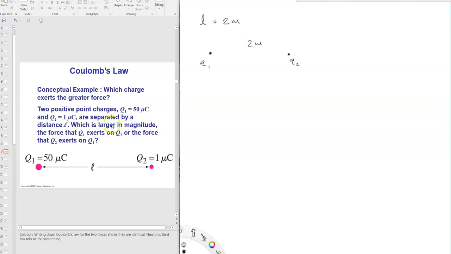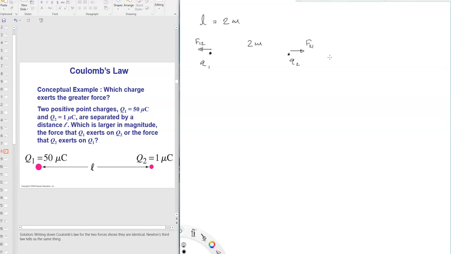Now the question is asking, we have two positive point charges, right? So we know the force will be pointing outwards between them. And we call this F12, F21. We already know that the two forces are going to be the same in magnitude.